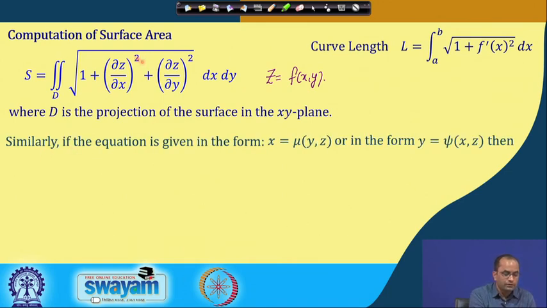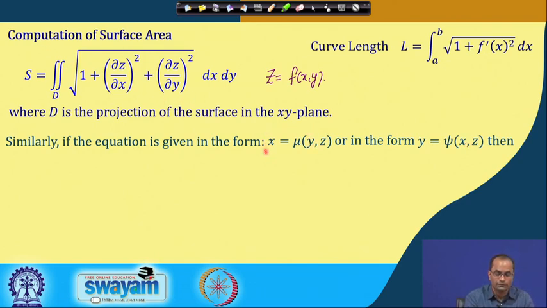Similarly, this equation was formulated when the function was given as z equal to a function of x y, and here we should note that the partial derivatives were taken with respect to x and y, which was natural. For instance, if the function is given like x is equal to mu of y z, or y is equal to psi of x z, then the formula will change obviously.